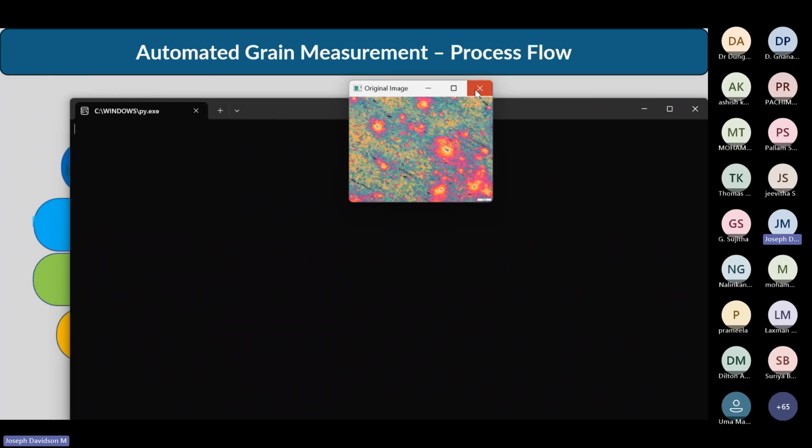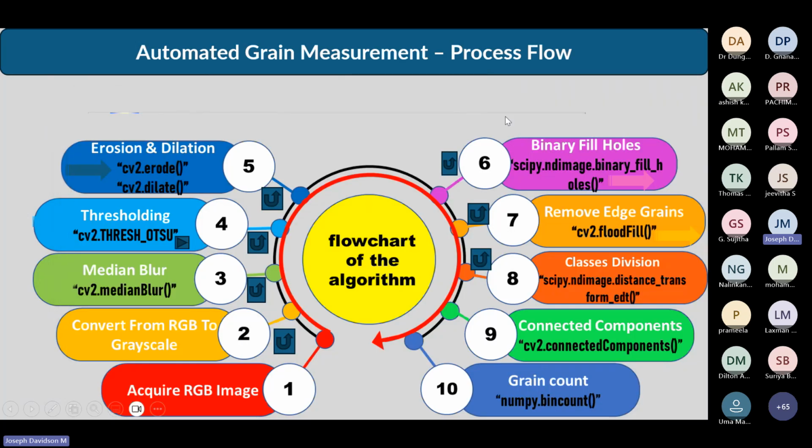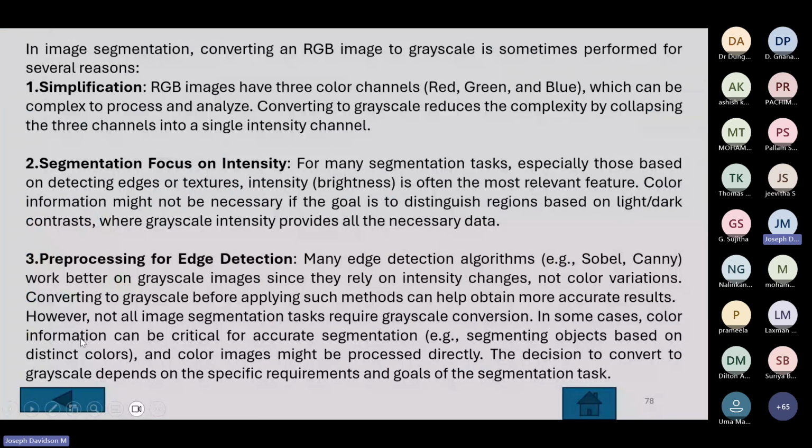So why do we have to take a grayscale image actually? Because the actual RGB image will have a lot of variations in color with a lot of intensities. Working on very large variations of intensity is tougher than having a smaller variation of intensity, correct? So that's why we try to simplify this image.